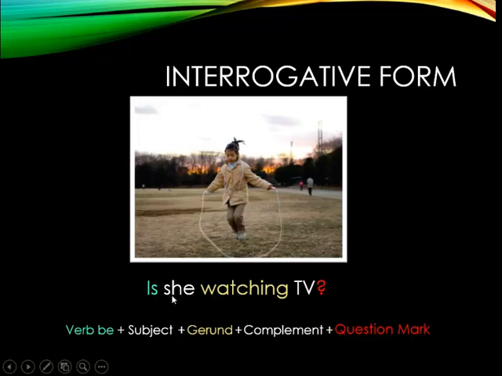Now, if we use we, then it should be are. If we're using I, then we change it to am. Right? In this case, let's just leave it with she and use is. Is she watching TV? The answer obviously is yes or no. Yes, she is. No, she's not.